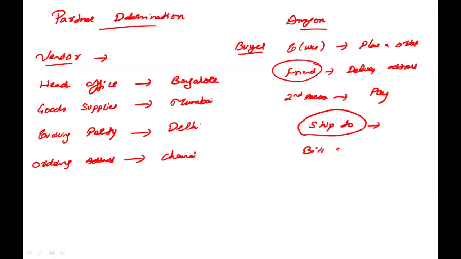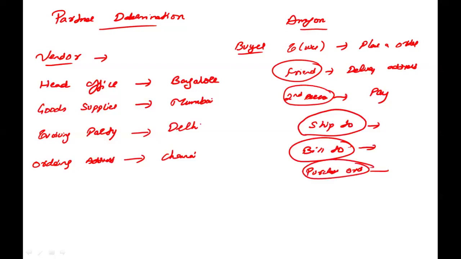Amazon will bill the material to this person, but Amazon will create a purchase order to this person. So this is the perspective of sales. When you are buying a material, your supplier can say so many things: I can ship to your place and I can send the bill to this place. So this is the perspective of sales.